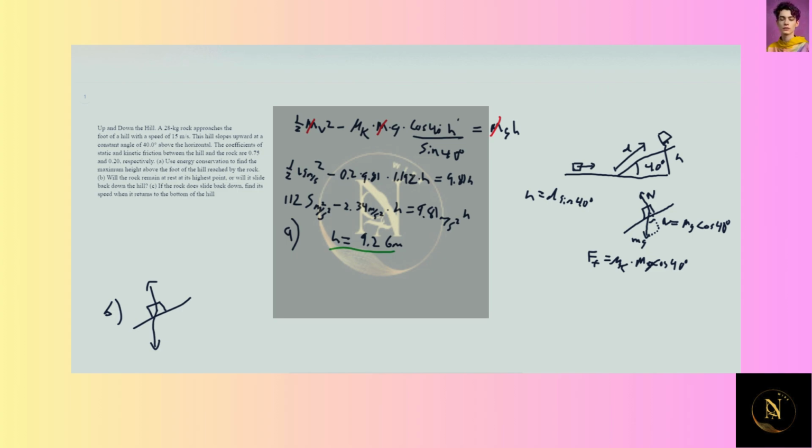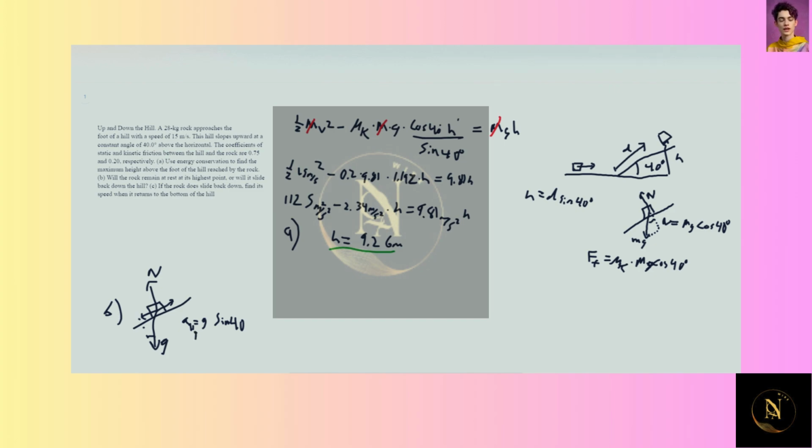Then we need to find out whether the gravitational force component parallel to the slope is greater or less than the static friction force due to the normal force. The component of gravity down the slope is sine of 40 times g.